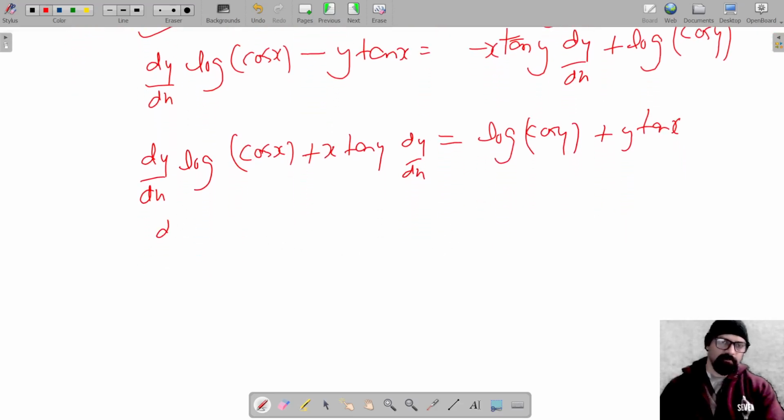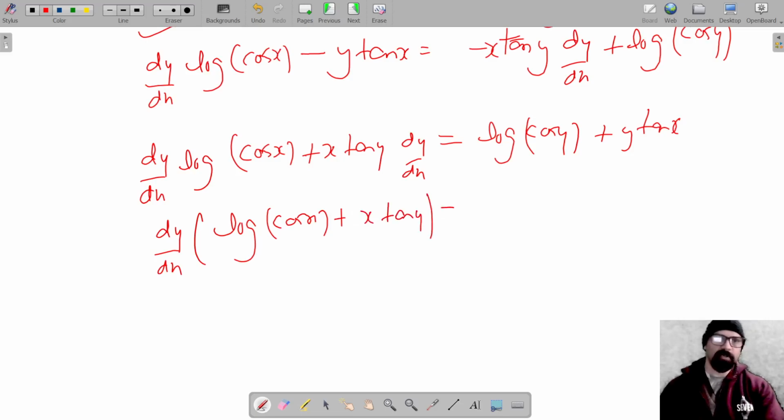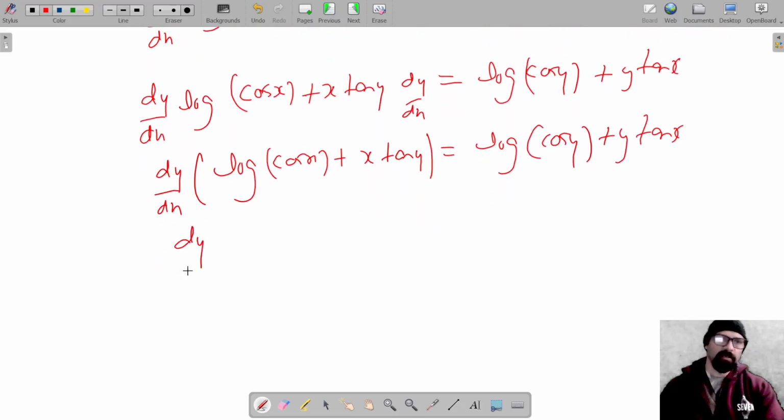And let's take dy by dx common here, which gives us dy by dx times log of cos x plus x tan y is equal to log of cos y plus y tan x. Now we can write dy by dx finally.